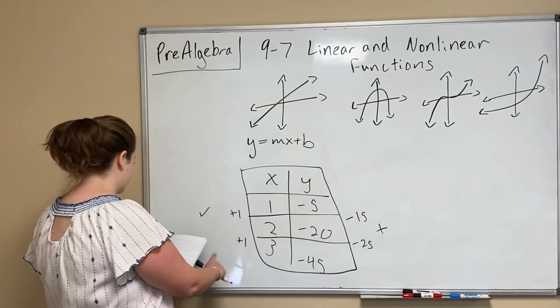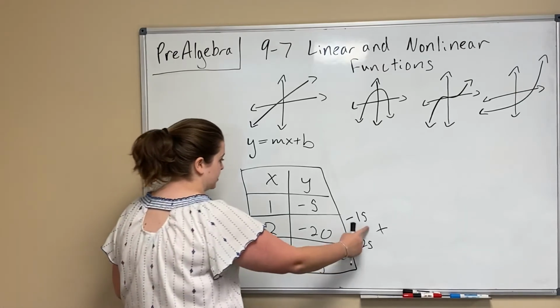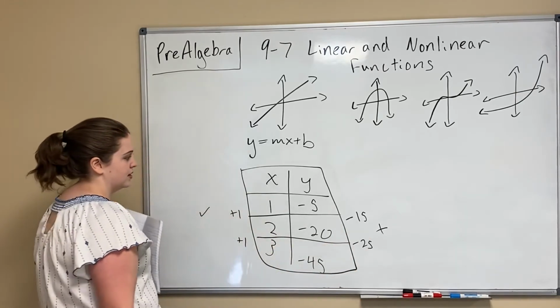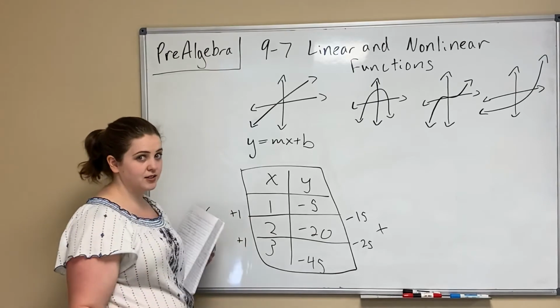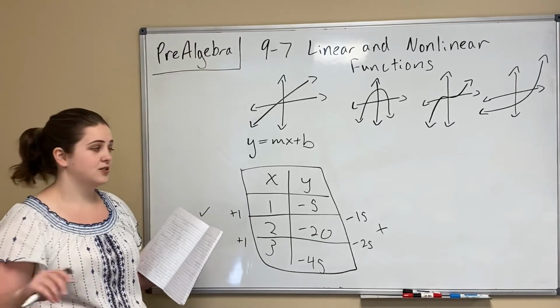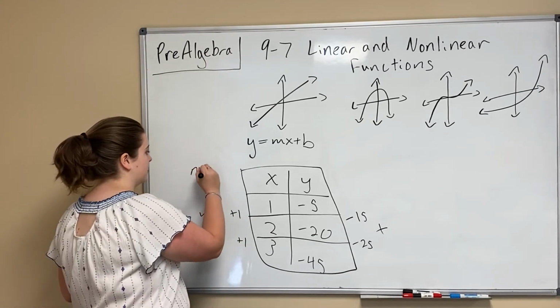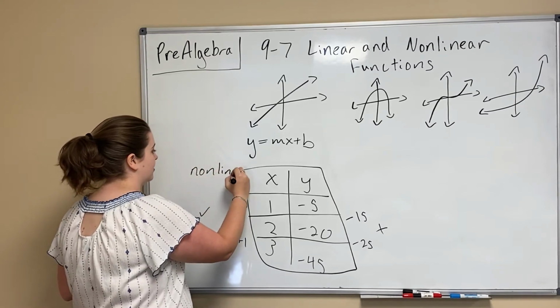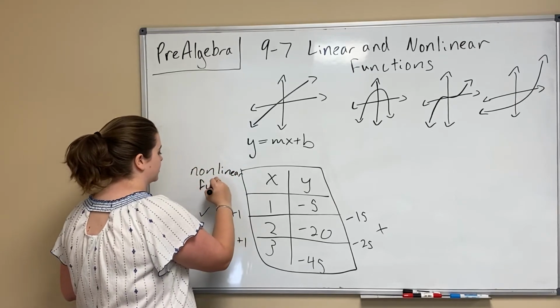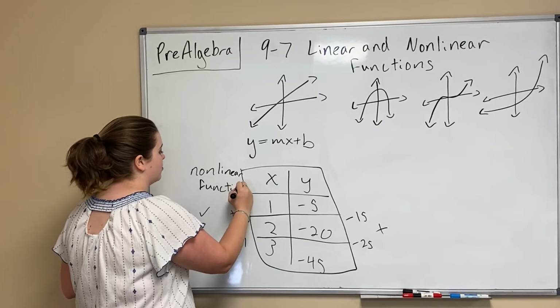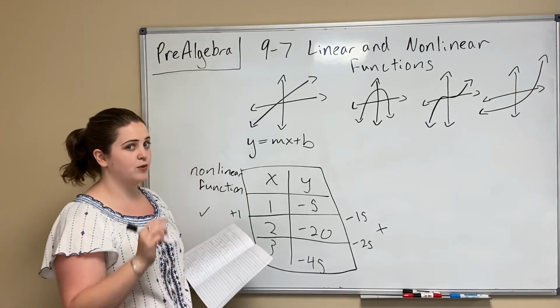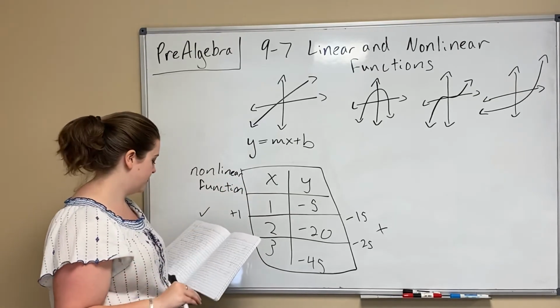Now because this is the same rate and this one is not the same rate, that means my x and my y aren't changing at a constant rate. So this is a nonlinear function. This is a table of points that would form a nonlinear function.